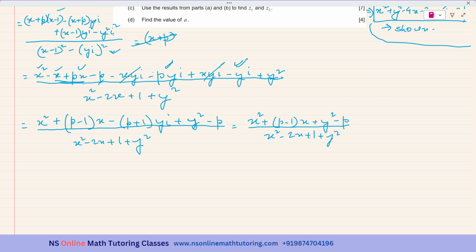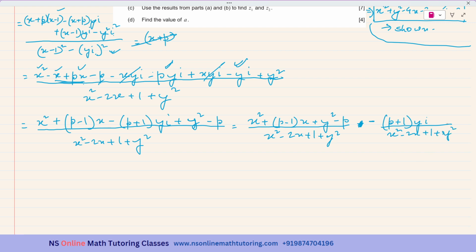You do not actually need to expand the denominator. It will ultimately get cancelled. I'm showing you how they will get cancelled. But right at this moment, I am separating the real and the imaginary parts. So it is not in fact plus, it is a minus. It is minus (p plus 1) yi over x² minus 2x plus 1 plus y².